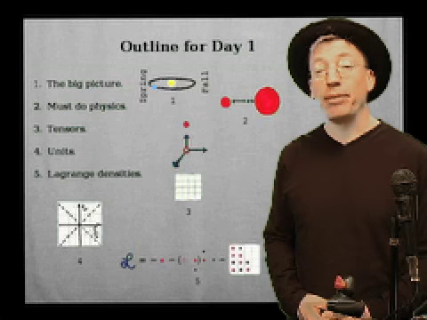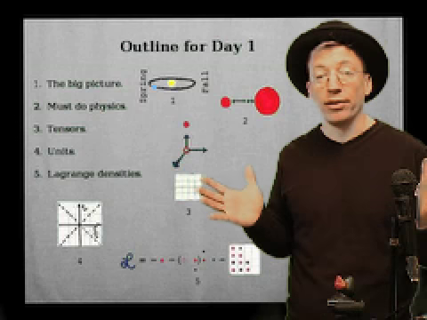I have to move over to the side here. I think just about that much or so. Okay, great. So, the title of this lecture series is Unifying Gravity and Electromagnetism by Analogies to Electromagnetism. Now, in day 1, I'm going to give you the big picture, why this should all work.